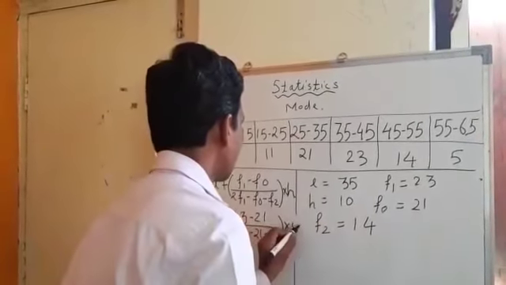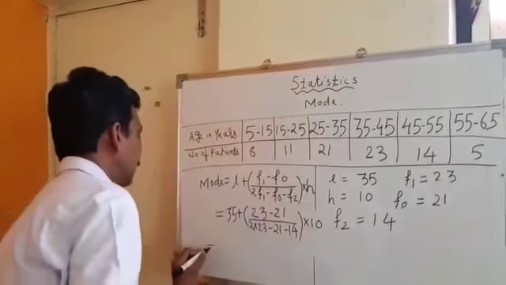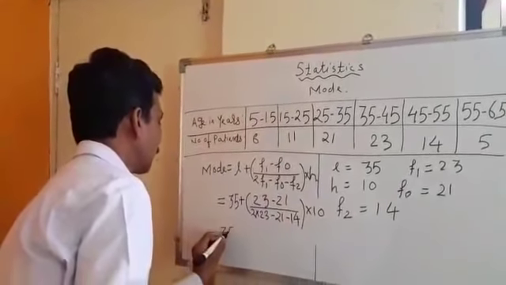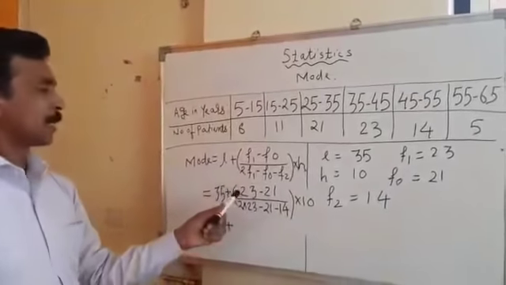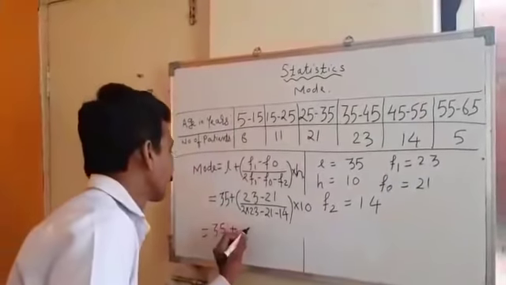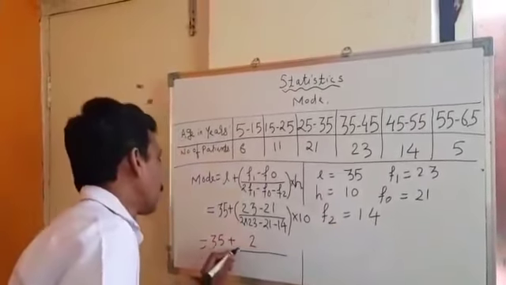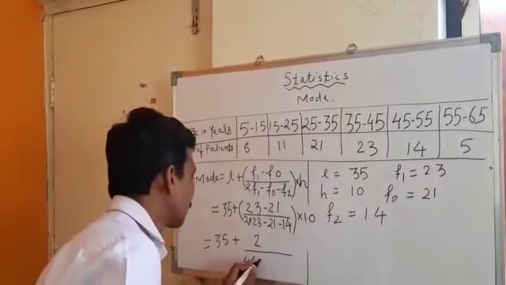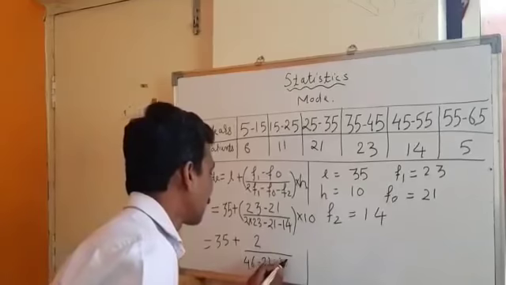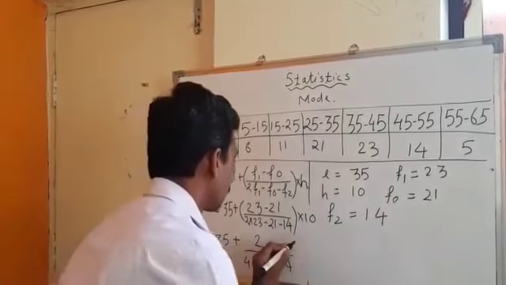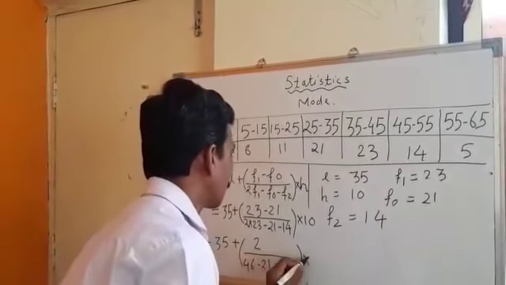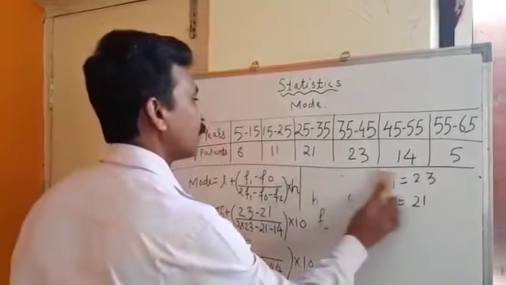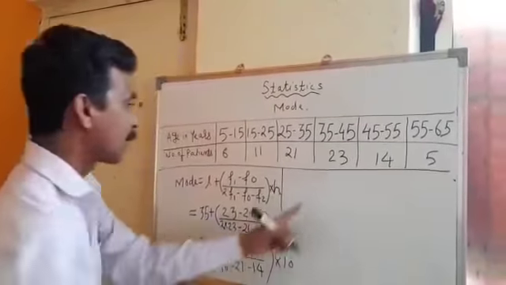So this is equal to 35 plus 23 minus 21 is 2, upon 2 into 23 is 46, minus 21 minus 14, into 10. I'll solve the remaining part here.